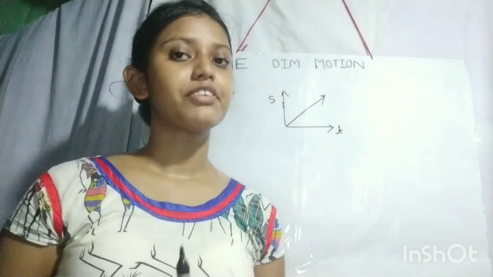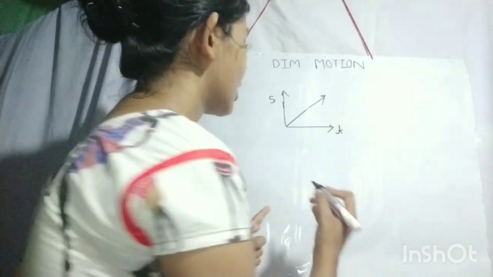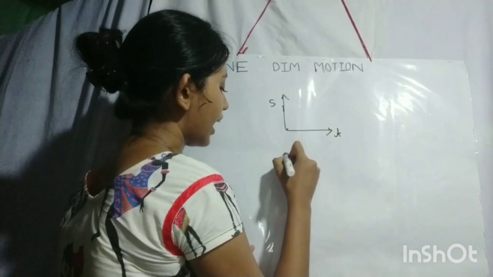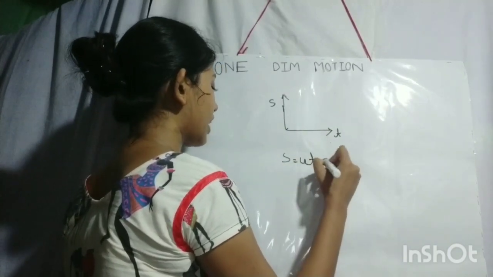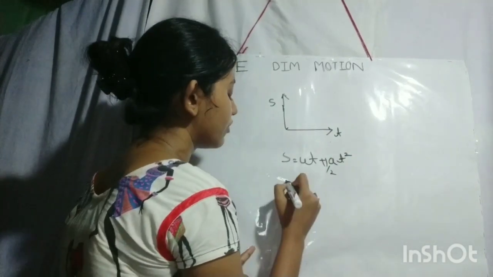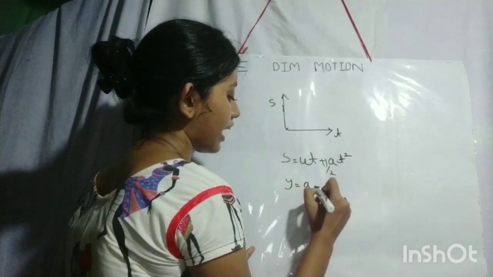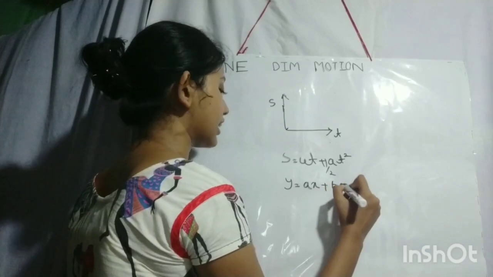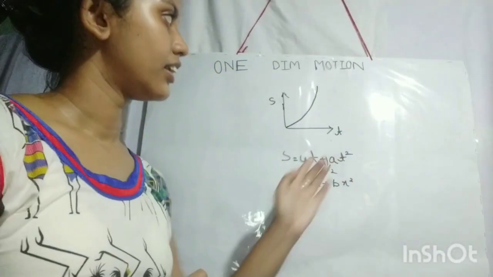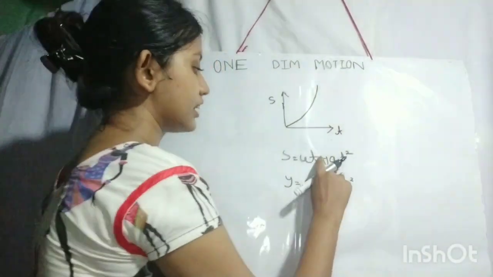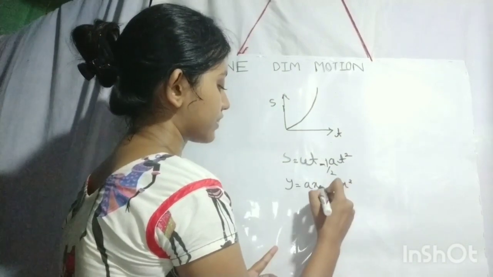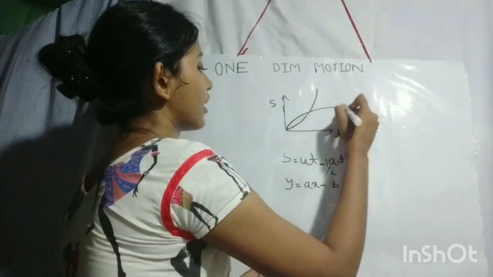Okay, if the particle is going with constant acceleration, that is s equals ut plus half at square, then what will it look like? It looks like y equals ax plus bx square. Okay, so I have the curve like that. If this is not acceleration, it is deceleration, then it will be y equals ax minus bx square. Then the graph will be like that.